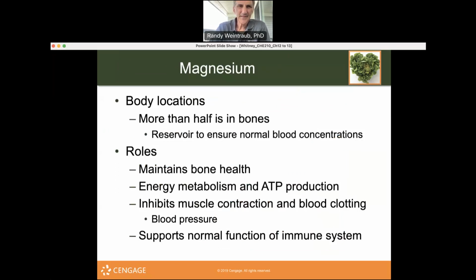Magnesium. This is also in high concentration and gives strength to bones, more than half of the component of bones. It serves also as a reservoir, so it maintains strength of bones.